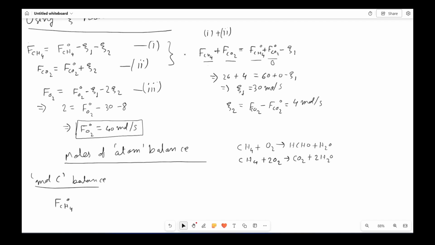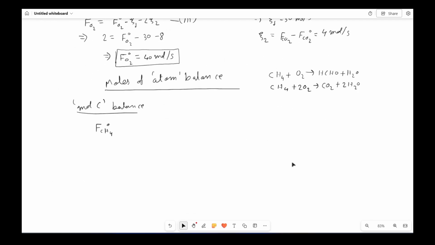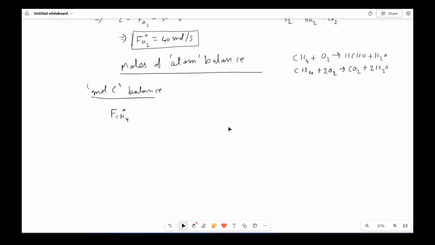Okay, so this is our reaction. The feed entering the system has only CH4, and in each single CH4 molecule there is only one carbon atom, so it is multiplied by 1.